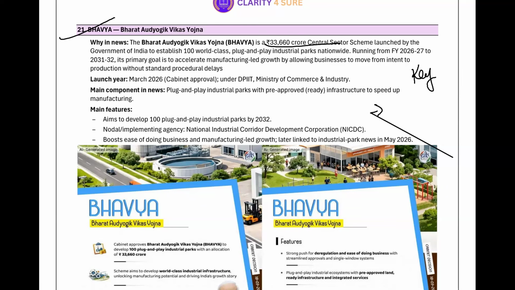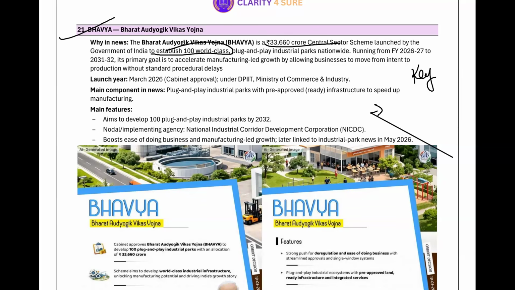Launched by the Government of India to establish 100 world class plug and play industrial parks nationwide. Understood? Why is 33,660 crore given in the central sector scheme? To develop 100 plug and play industrial parks. Just remember this: to develop what? 100 plug and play industrial parks, which is ready infrastructure before industries arrive. Ready infrastructure before industry arrives.